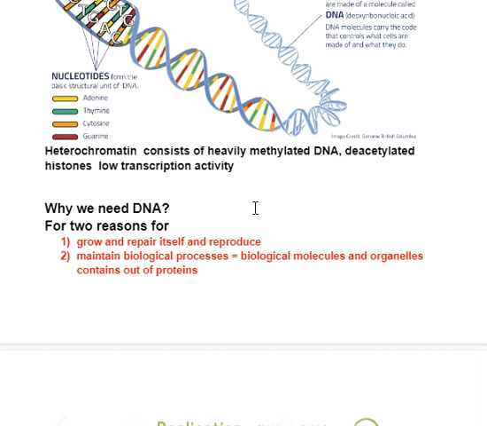When we say grow and repair, we refer to the replication process, right? When two identical cells are formed. And when we say reproduction, we use replication in the interphase, and also produce other cells, but with a haploid number of chromosomes.